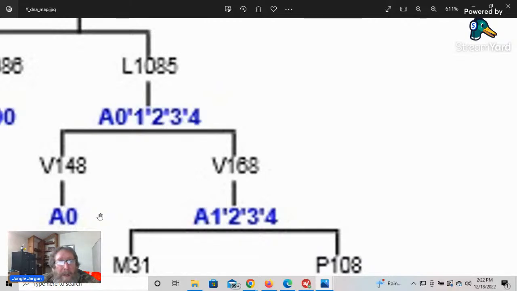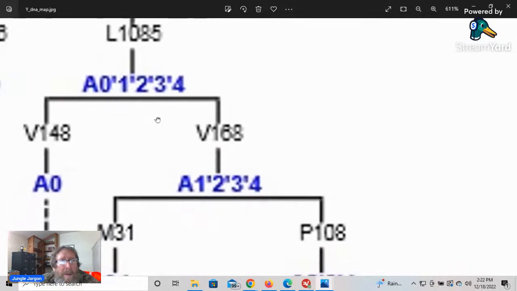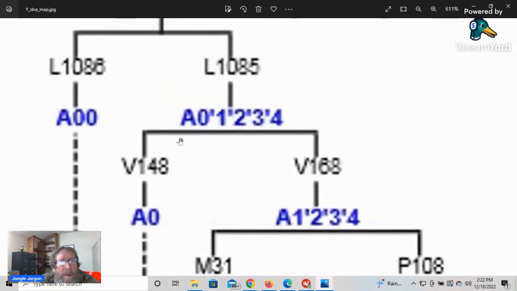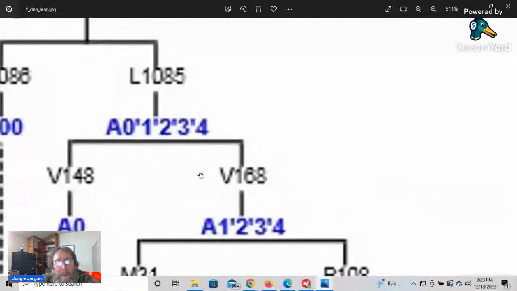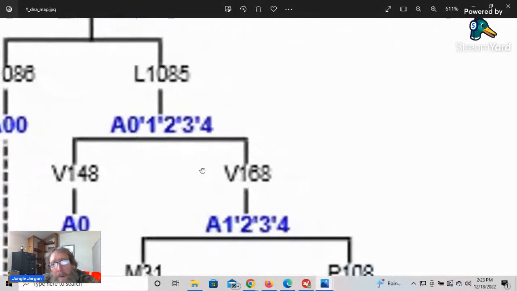Not sure if they have found a male Denisovan, but as far as I know, it was a female Denisovan, so it wouldn't be in a Y chromosome. But if they found something else with a marker, I don't know. This is probably old anyway, so I don't know how they got that Y chromosome marker, SNP marker, which is a question I had before.